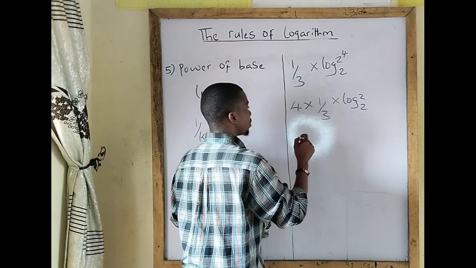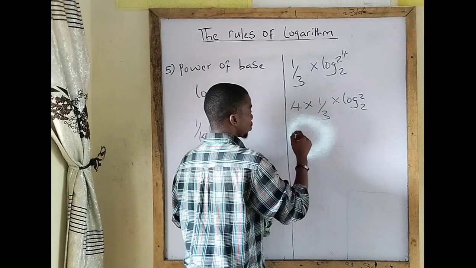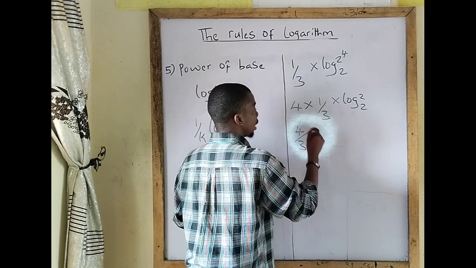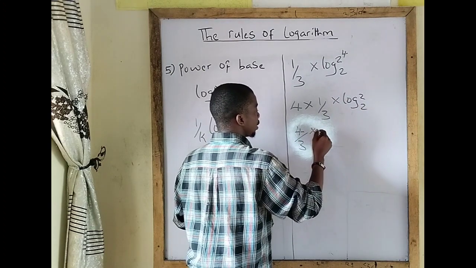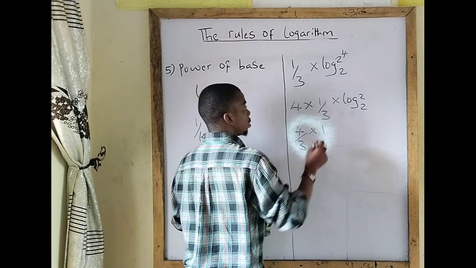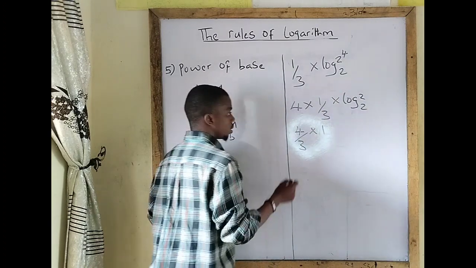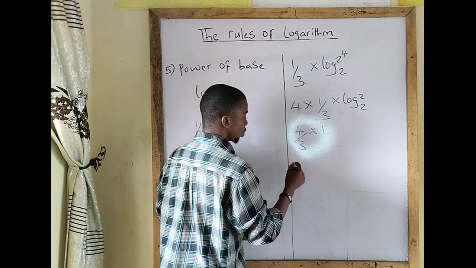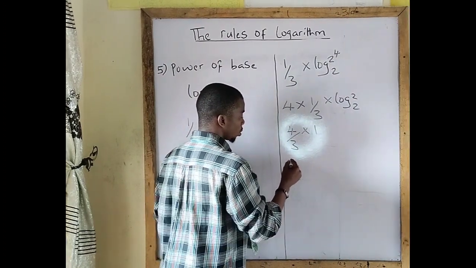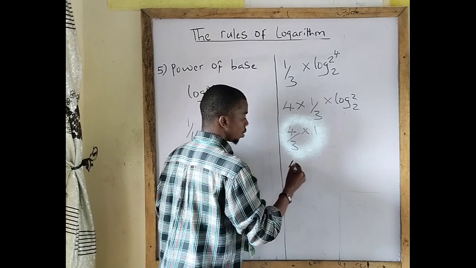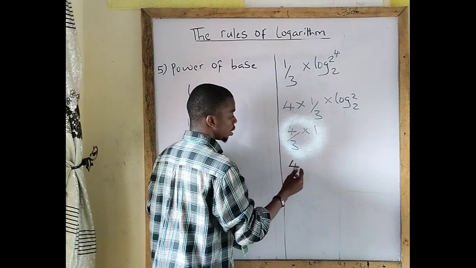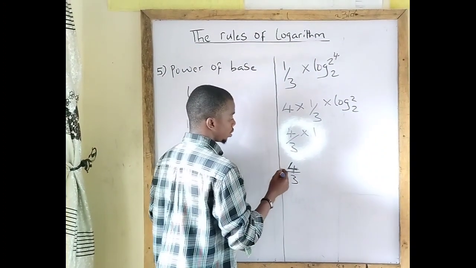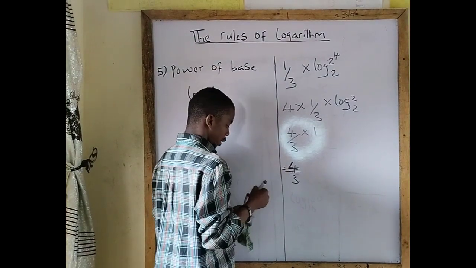So 4 times 1 is equal to 4 all over 3, times log to its own base, which is 1. Log 2 to base 2 is 1. So this is equal to 4 all over 3.